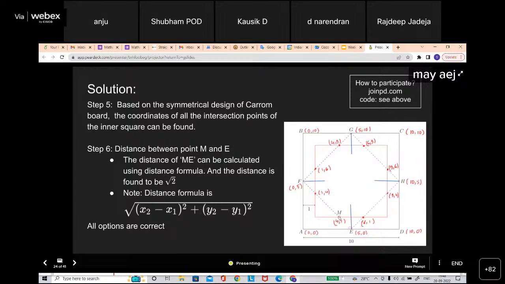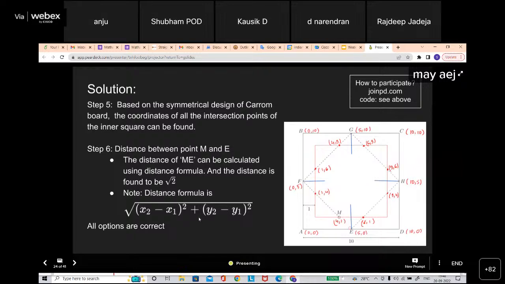M is (4, 1) and this is (5, 0), so the distance between these two points is root 2.